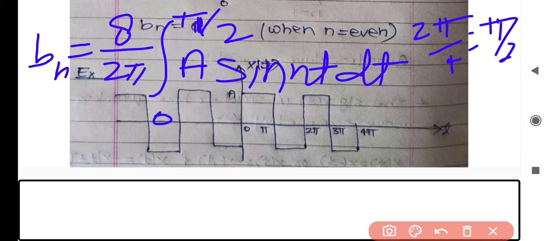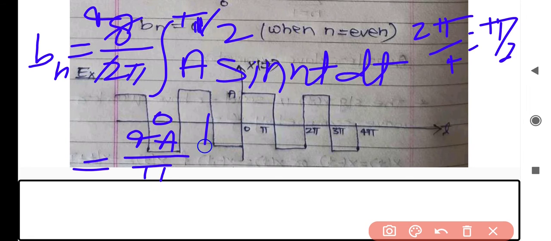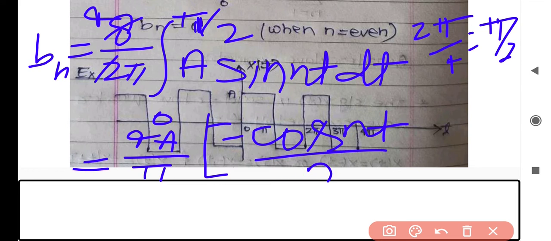It will produce 8, it will cancel, it will become 4, so it will become 4A upon pi, sin. Integration of sin nt is minus cos nt by n, limit under t from 0 to pi by 2.